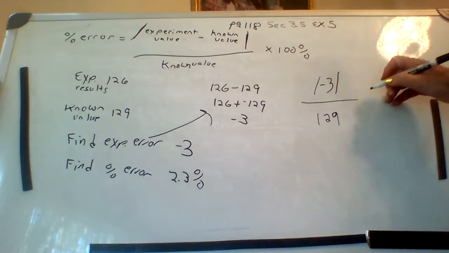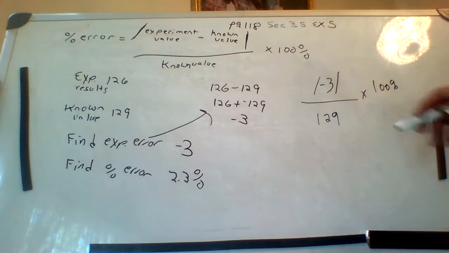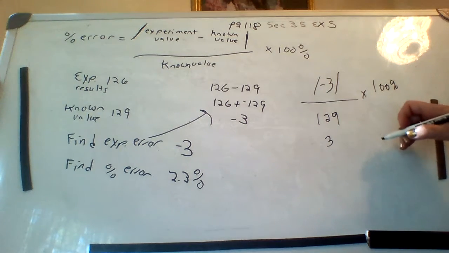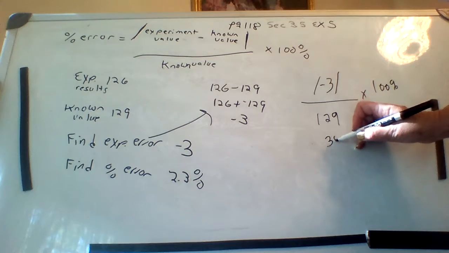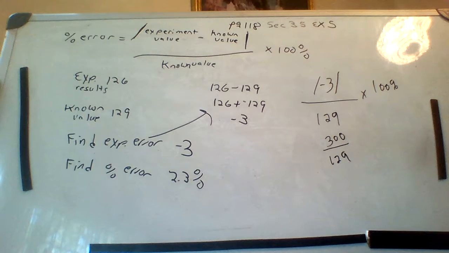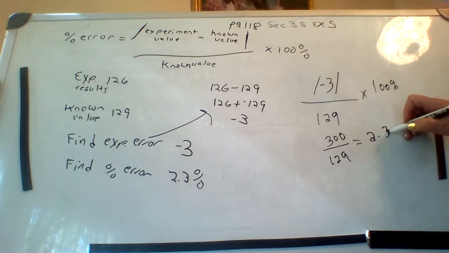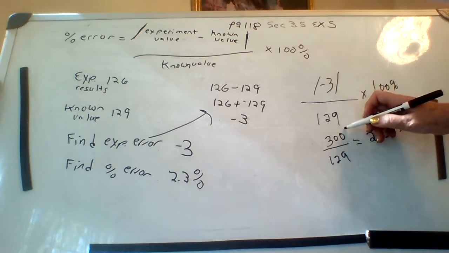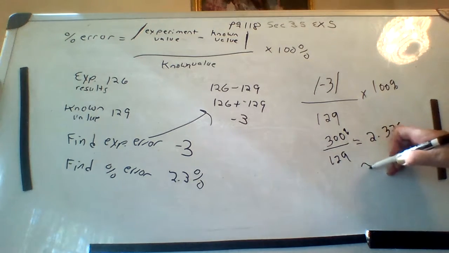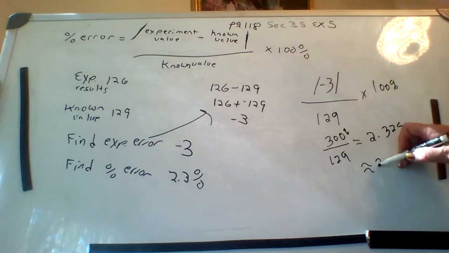Take that times 100%. Well, the absolute value of -3 is 3. And 3 times 100 is 300. And when we work that out on the calculator, and we're talking about percents here because it's already in percent, and we're going to round, and in this case this is less than 5, so we don't need to add 1, we just go ahead and leave it at this.